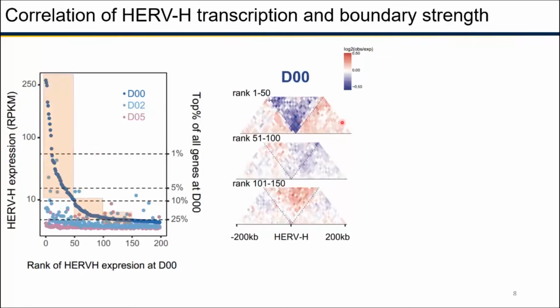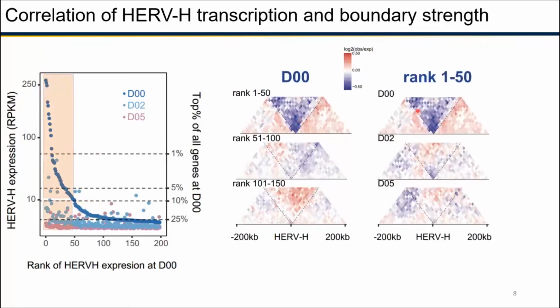Also, when these top 50 HERV-Hs are silenced during the differentiation, the TAD boundaries are immediately gone at day 2, which is the mesoderm stage of the differentiation. So these two pieces of evidence strongly link the transcription of HERV-H to the TAD boundary strength.